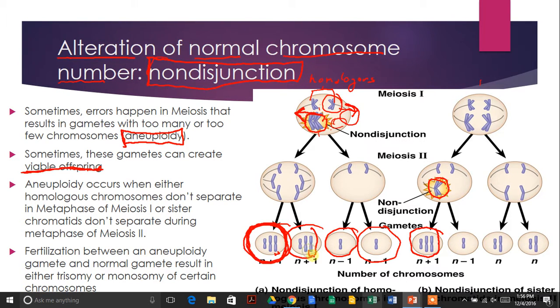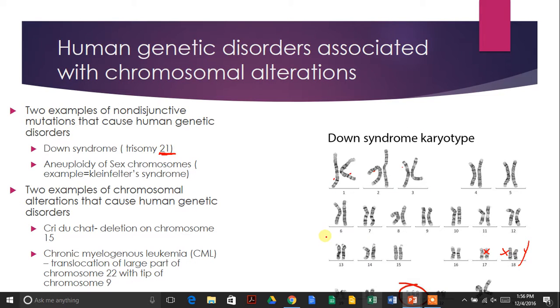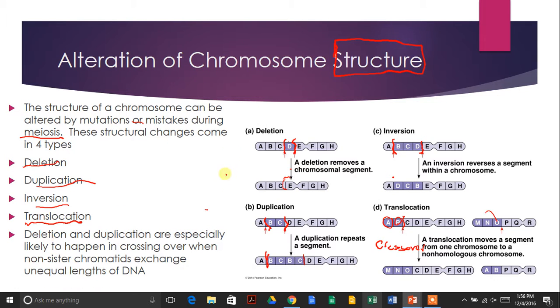So the extra chromosome was an X chromosome, a sex chromosome, and it caused Klinefelter syndrome. 2 examples of chromosomal alterations that cause genetic disorders are Cri-du-Chat, a genetic disorder caused by a deletion on chromosome 15. So a deletion happens. Part of it gets cut out.